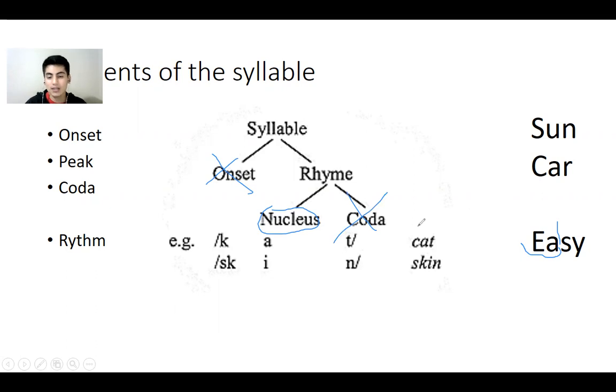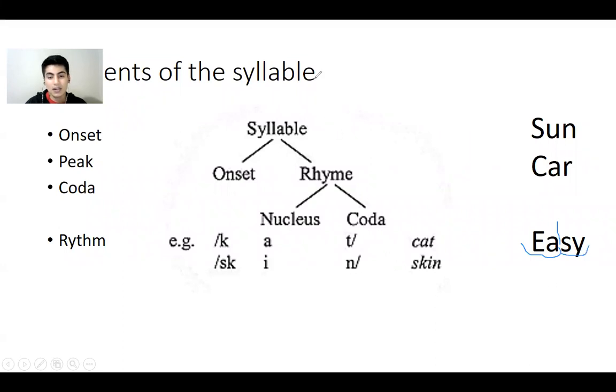Because in a syllable, the main part or the principal part is the nucleus, the peak. However, the onset and the coda can be optional, you know? There are some syllables that don't need them to make a syllable, like this example, E. Let's continue with the second syllable here about C.